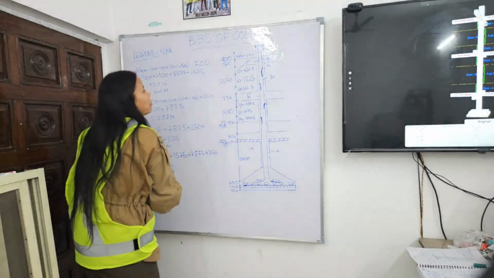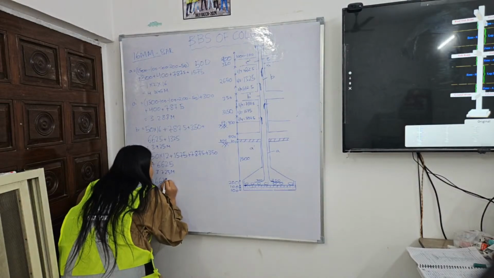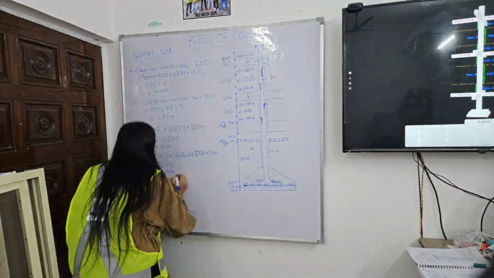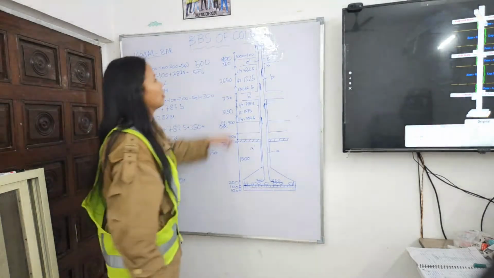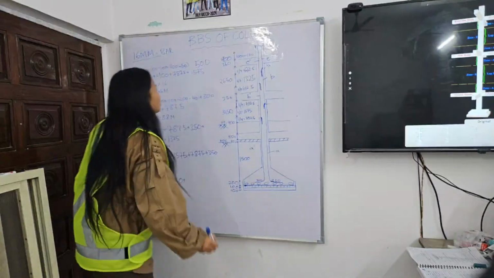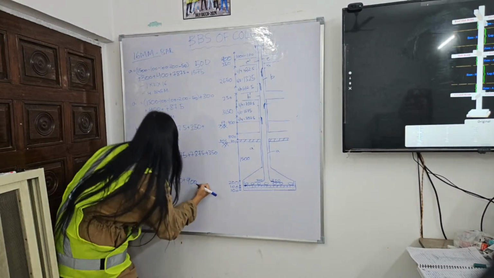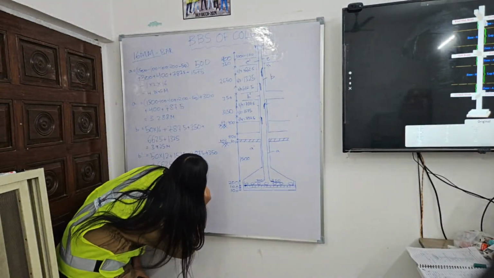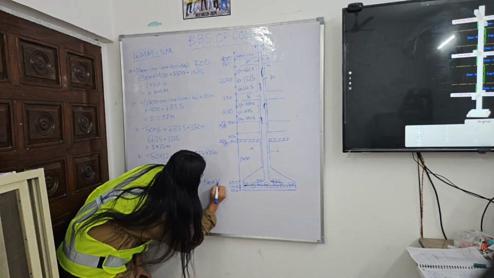So B, C calculation: L by 4, we have the value 662.5, plus slab beam 350, plus parapet wall 900, and then lap length plus 50 into 16.